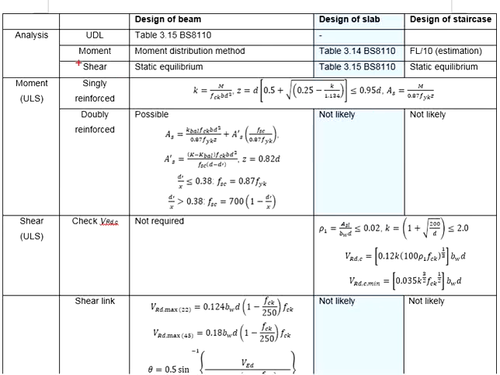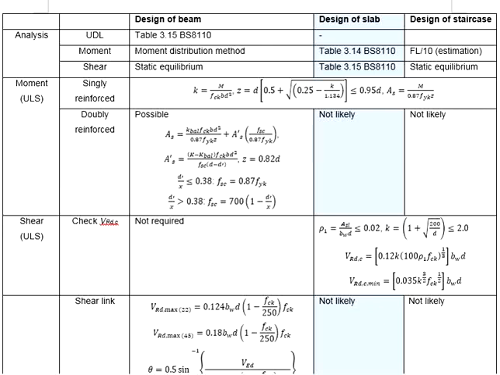First, let us deal with the analysis. Normally in the final exam, you will have to analyze the load, the moment and shear, before you can proceed with the design. Analysis is a part of the design. Normally, it will be assessed in the final exam.